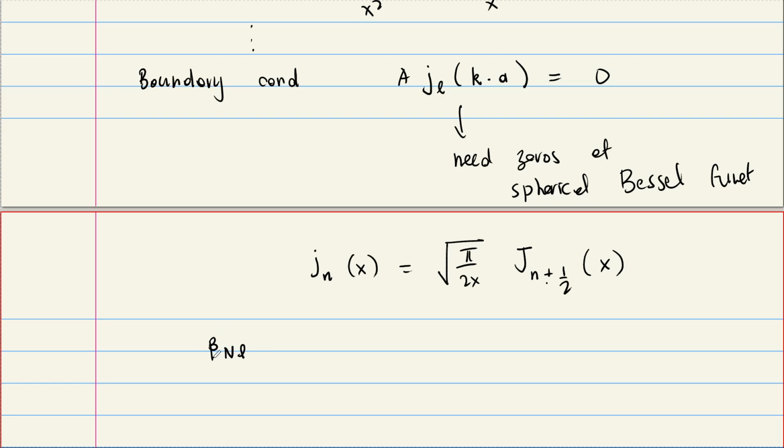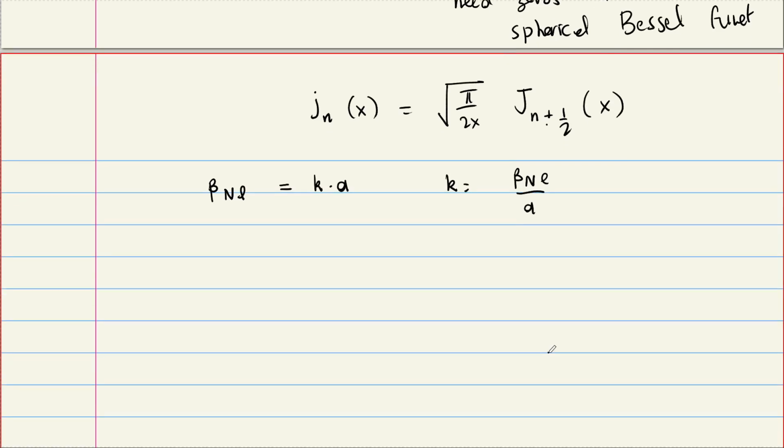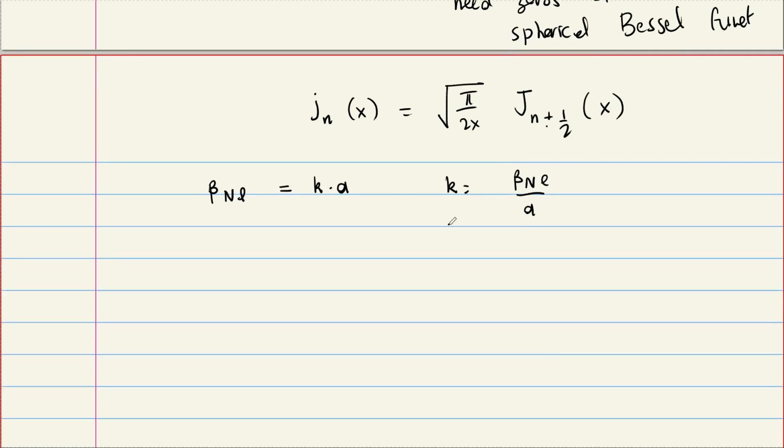I can determine this beta_nL from my Mathematica, and it is going to be equal to k times A. Then my k is going to be this beta_nL over A, and if my k is this, my energy is going to be E equal to h bar squared over 2m square of this. So this is squared and squared.